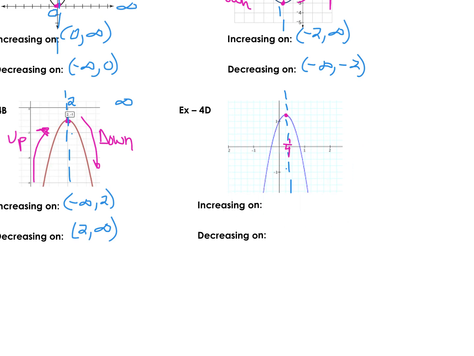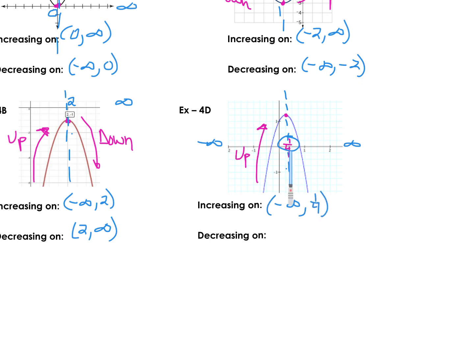So our smallest x is negative infinity to the 1/4, and then 1/4 to positive infinity. So let's look at these intervals. From negative infinity to 1/4, isn't our y going up? So our y is going up. If our y is going up, we are increasing from negative infinity to 1/4.